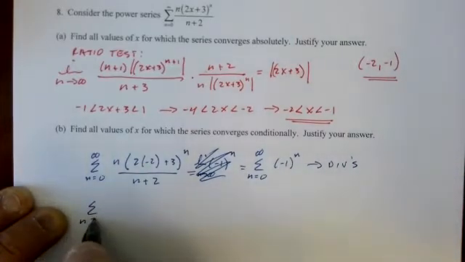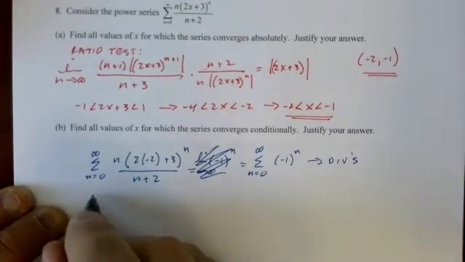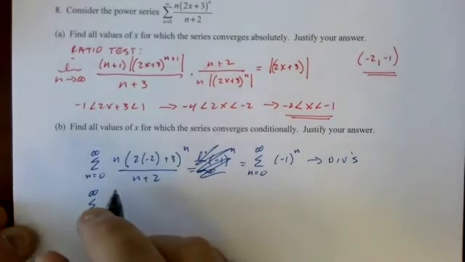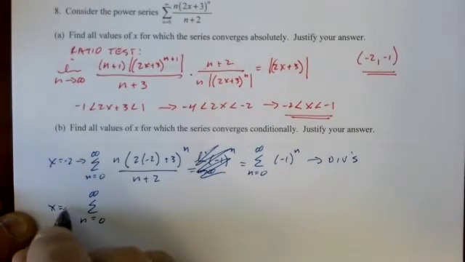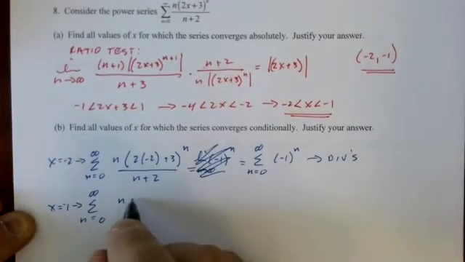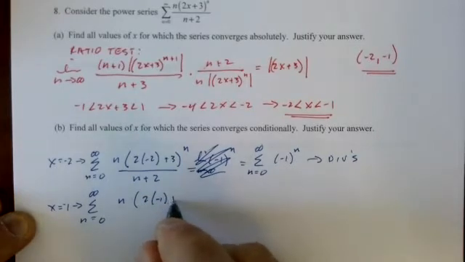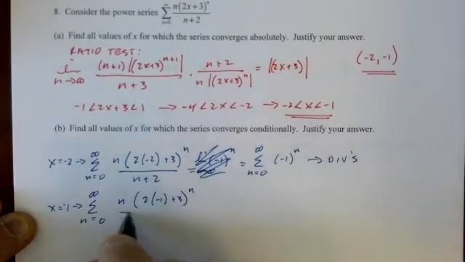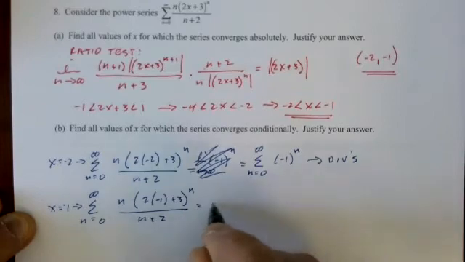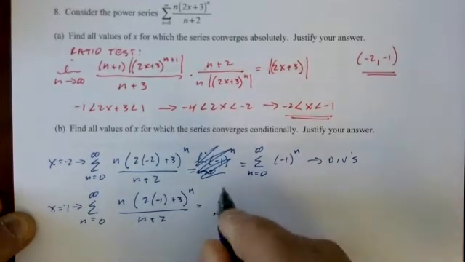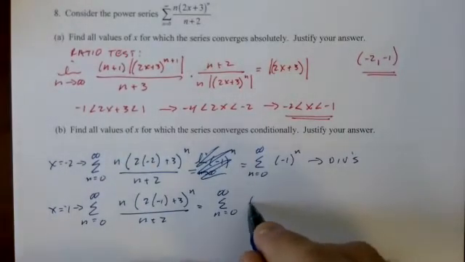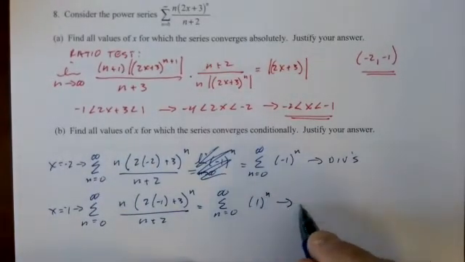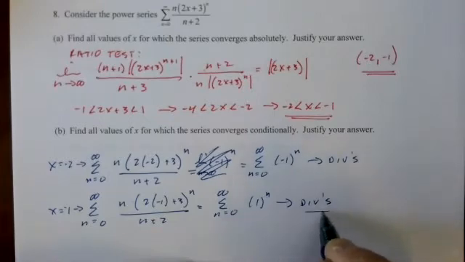And might as well be thorough. At x equals -1, 2 times -1 plus 3 is 1, so the sum from n equals 0 to infinity of 1 to the n. Diverges.